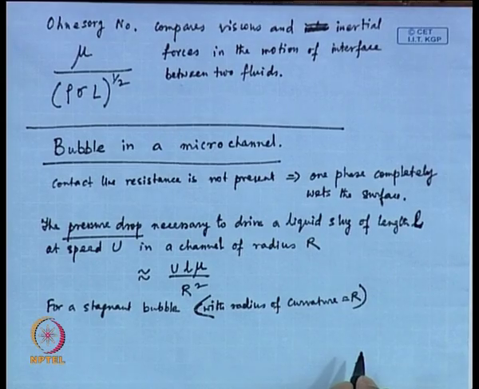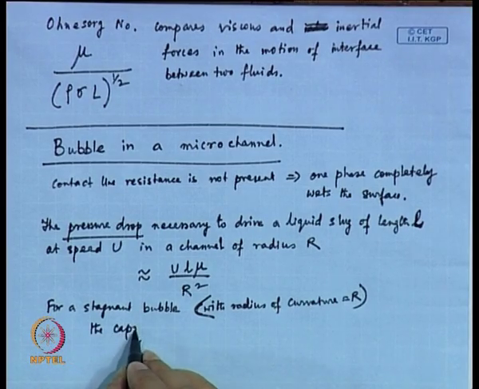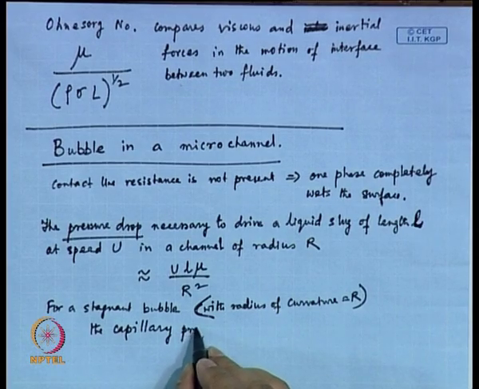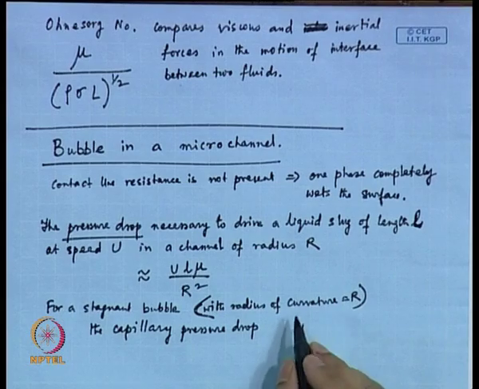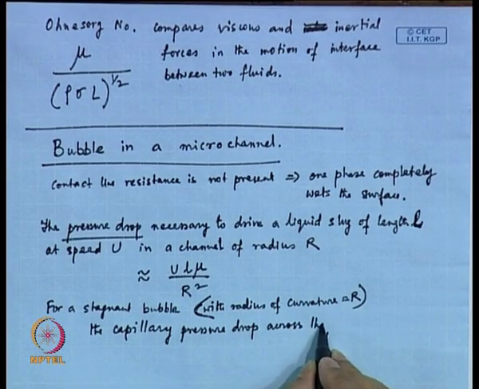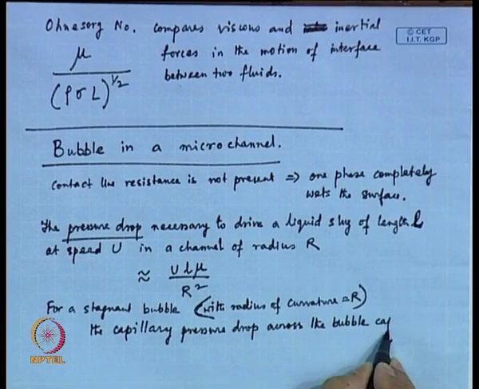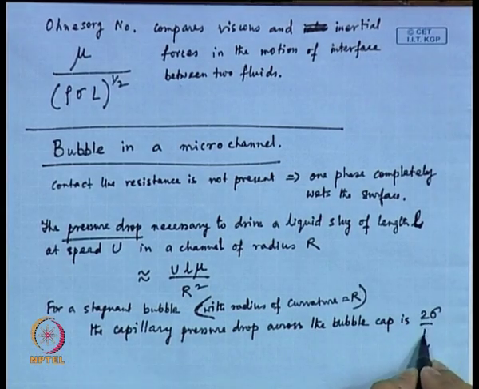So, for a stagnant bubble, the capillary pressure drop across the bubble cap is 2 sigma by r, that you already know.